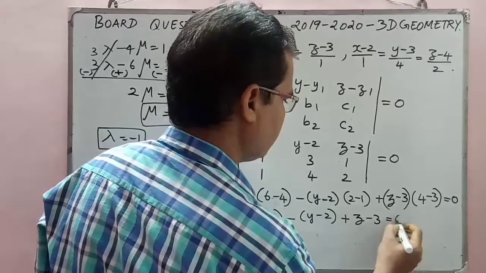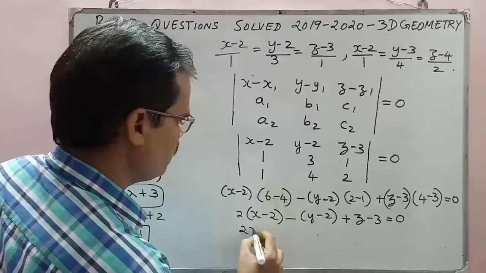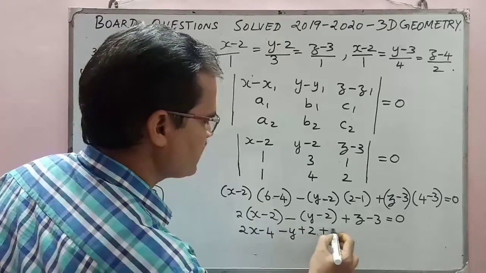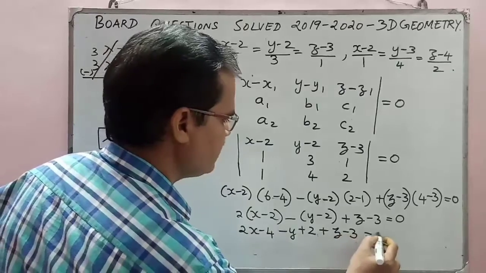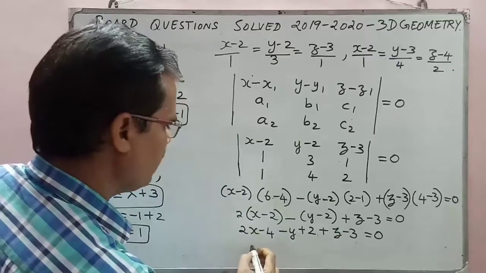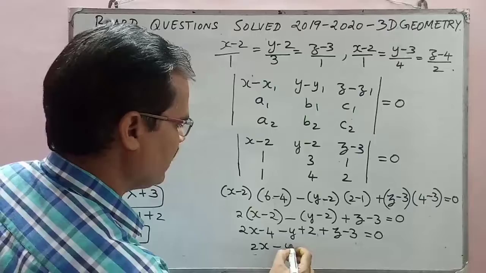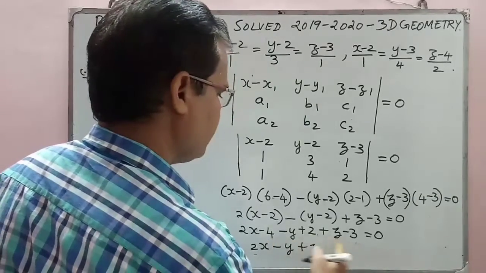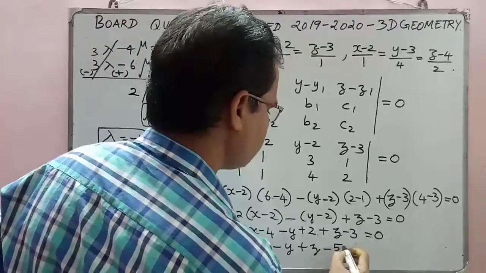Now 2x minus 4 minus y plus 2 plus z minus 3 equals 0. Now 2x minus y plus z minus 7 plus 2, which is minus 5, equals 0.